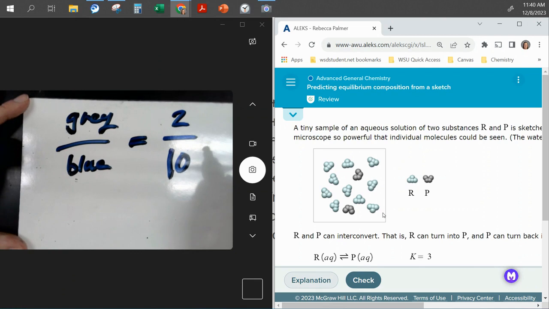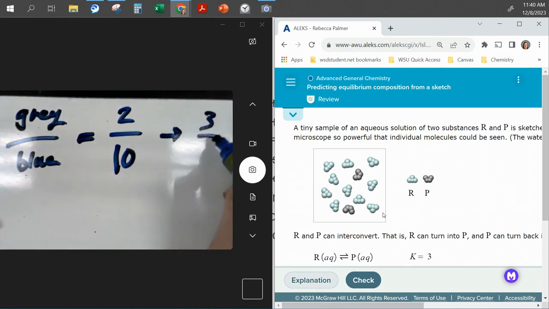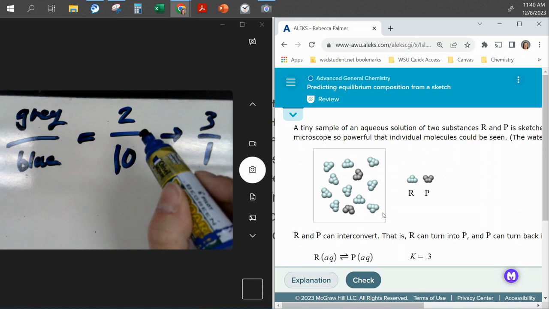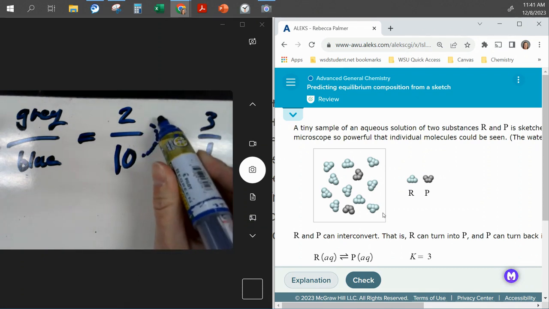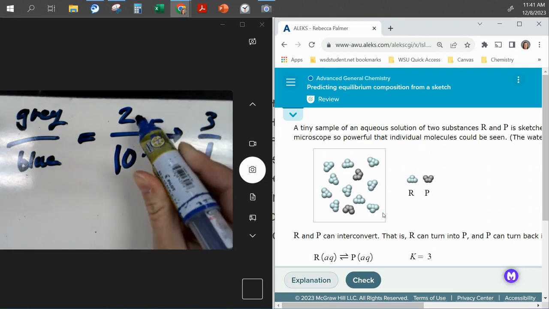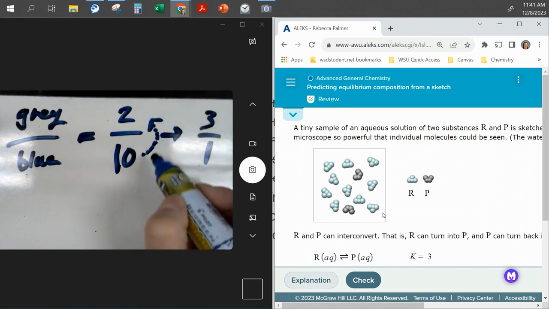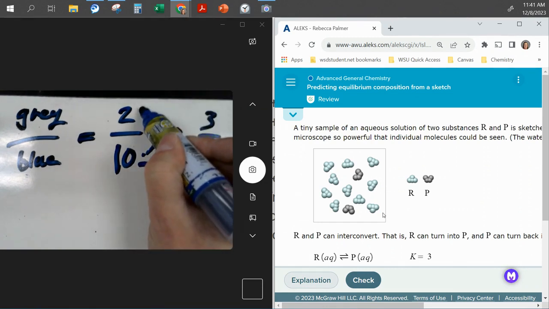And we need an equilibrium expression of, this needs to get to 3 over 1 for this to be at equilibrium. So we'll end up with the same ratio that we just saw, right? So we're going to move 7 up here. So we're going to move 7 off of the reactants. They're going to turn into products.